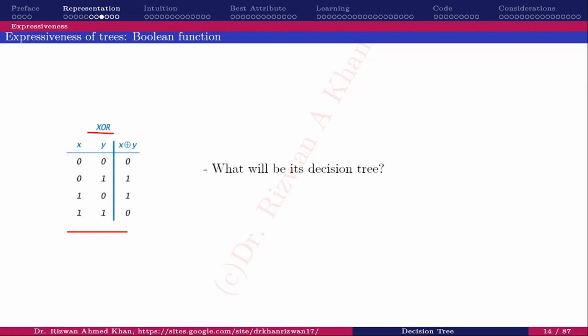Basit, X false, Y false, true, right. Farid, I'm not getting what you mean by X equal to 1. You're just checking is it true or false. Okay, I'll express it.